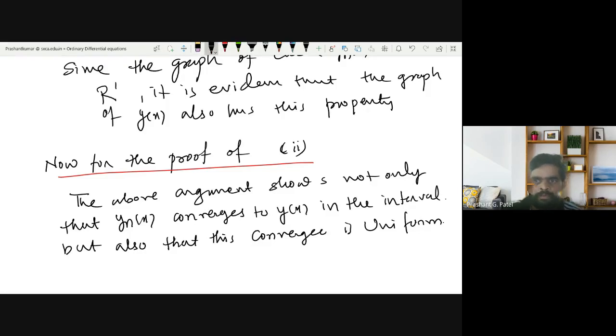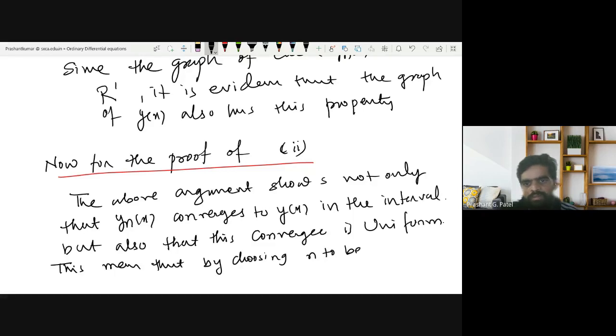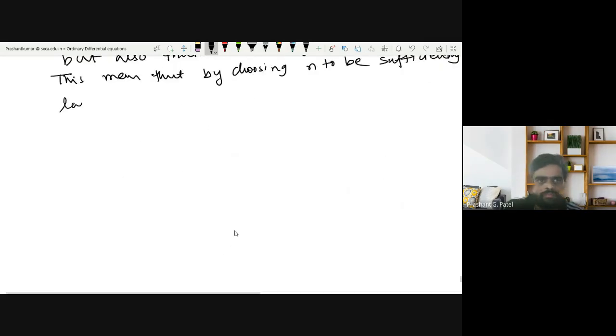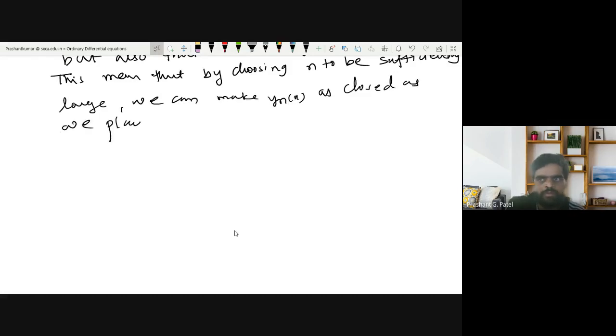Okay, so this means that by choosing n to be sufficiently large, we can make yn as close as we please to y for all x in the interval.